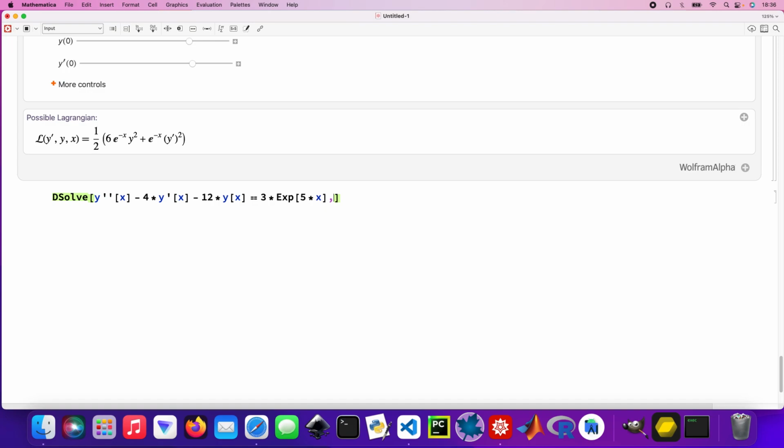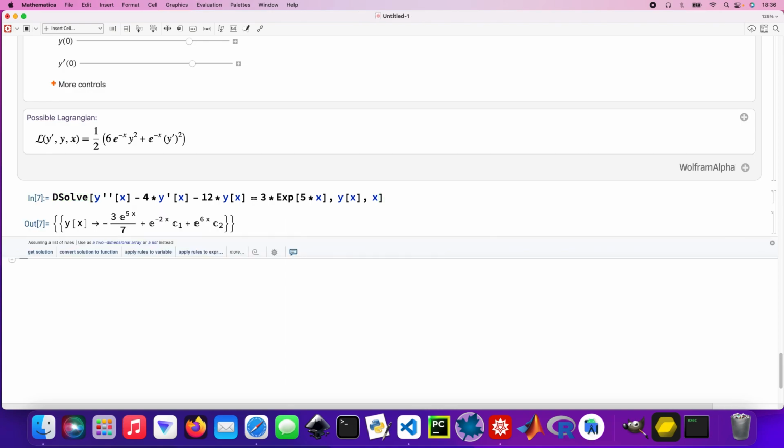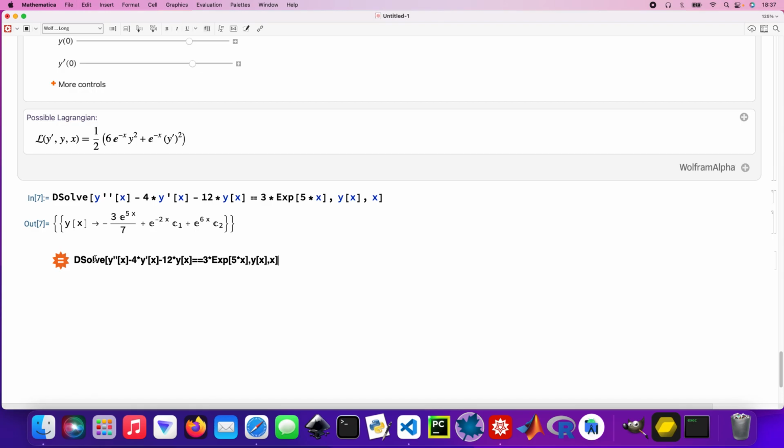Likewise y of x is the function, and x is our independent variable. Okay, cool, and then I'll do the last part. Command-C to copy and then paste that in there, and press enter.